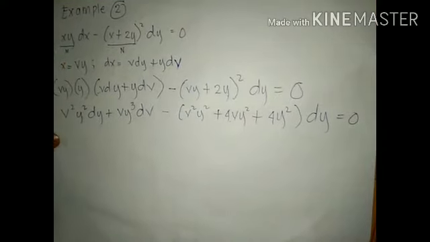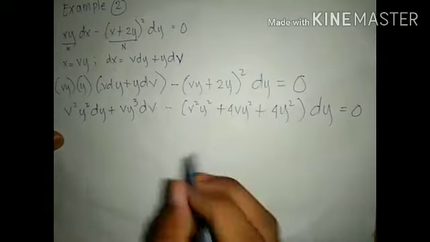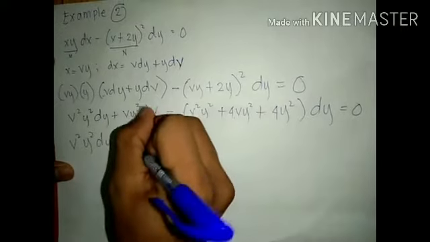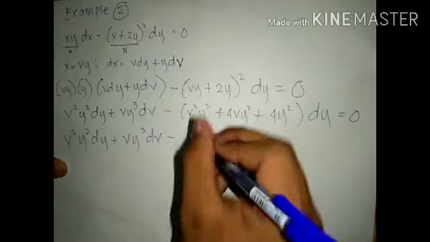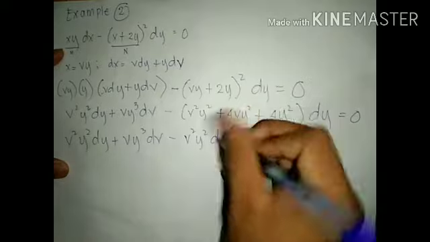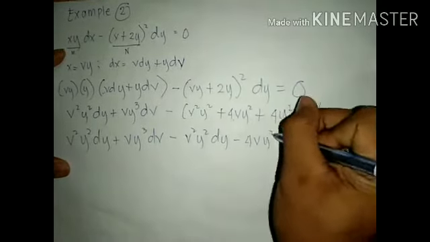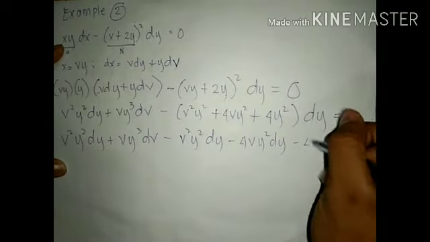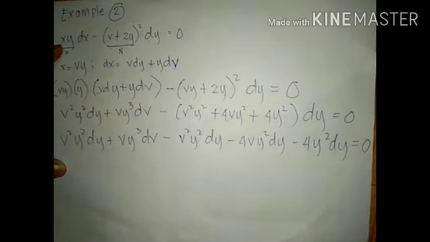And then ato siyang times sa dy dari by side. So ato ibalik v squared y squared dy plus vy cube dv minus times sa kakuan dy. So minus dari 4vy squared dy minus dapon 4y squared dy is equals to 0.